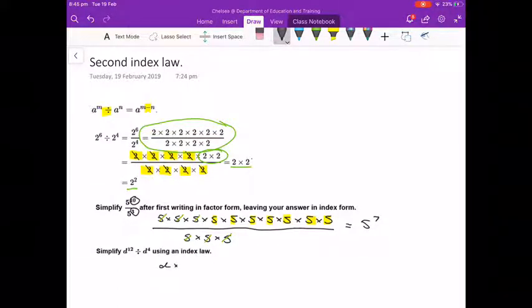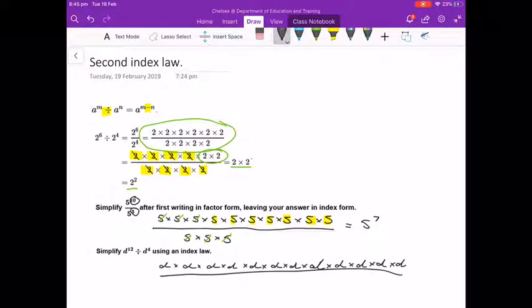Now you could do that and expand it exactly like before. 1, 2, 3, 4, 5, 6, 7, 8, 9, 10, 11, 12, and then put it over 1, 2, 3, 4, which is the D to the power of 4, and then you would cancel out your pairs, because what you cancel on the top you must cancel on the bottom, and then we are left with D to the power of 1, 2, 3, 4, 5, 6, 7, 8. D to the power of 8.